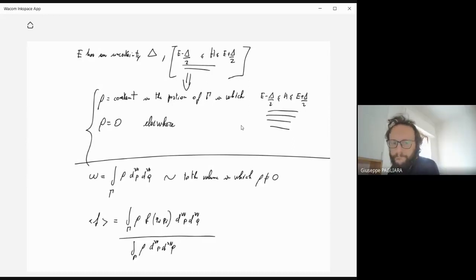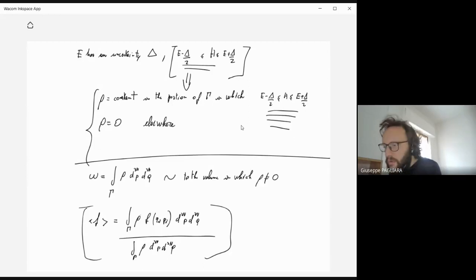Where rho is a function, it depends how to normalize. In this respect, rho is a function of p_i and q_i, and basically it's a sort of theta function. It's 0 outside a certain volume and different from 0 inside it. And so the ensemble average will be the following.